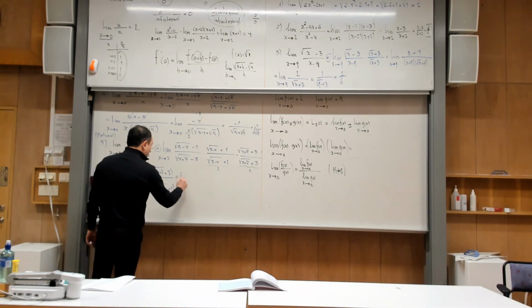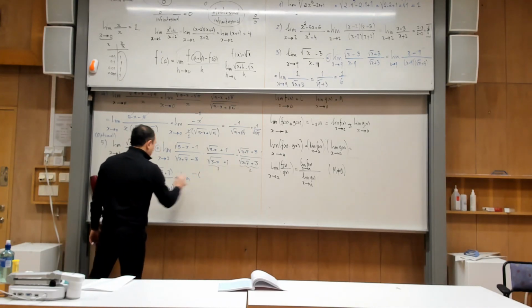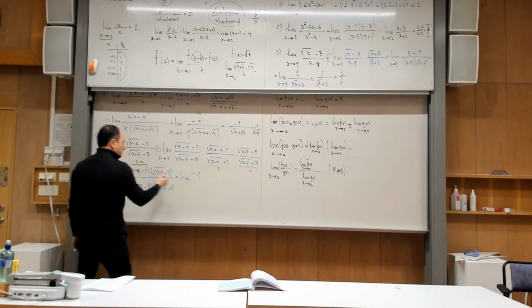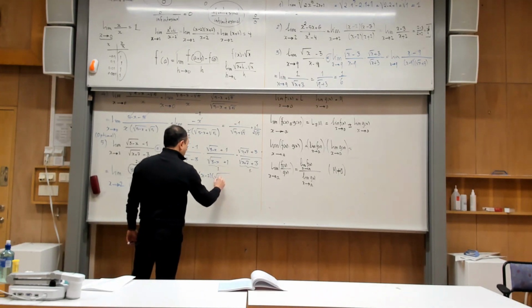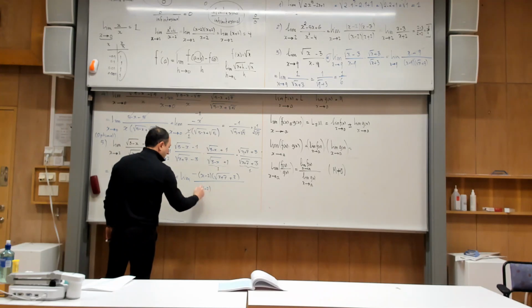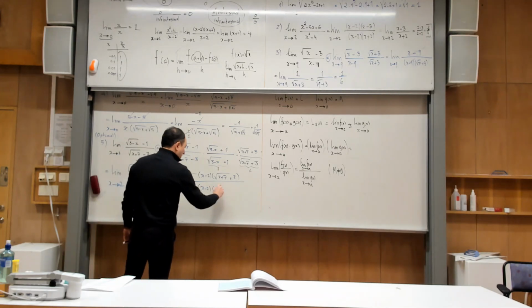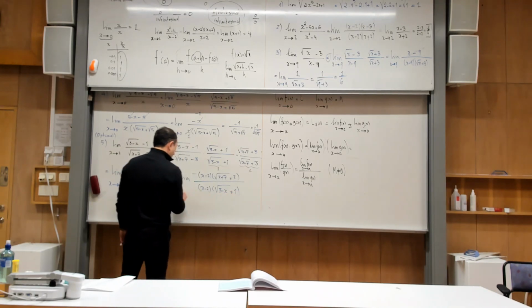I would write the limit, and in the numerator I put a minus sign out and then I am allowed to interchange them. So it becomes x minus 2 and then I will have square root of x plus 7 plus 3, and then I divide this by x minus 2 and then I have the square root of this, and x goes to 2.